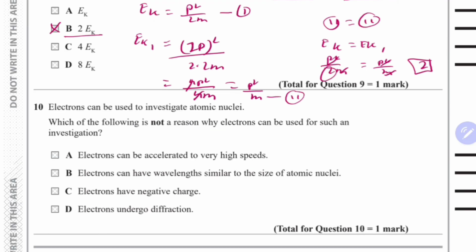Number 10. Electrons can be used to investigate atomic nuclei. Which of the following is not a reason why electrons can be used for such an investigation? Option A. Electrons can be accelerated to a very high speed, which is true. Electrons can have wavelength similar to the size of atomic nuclei.